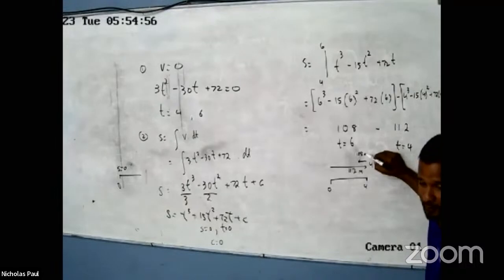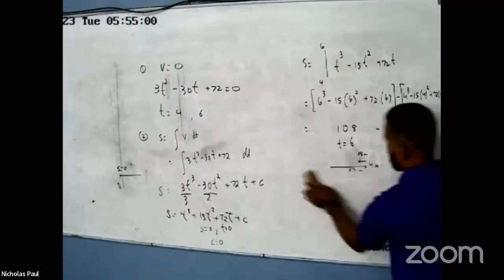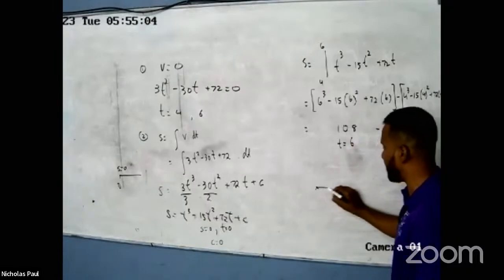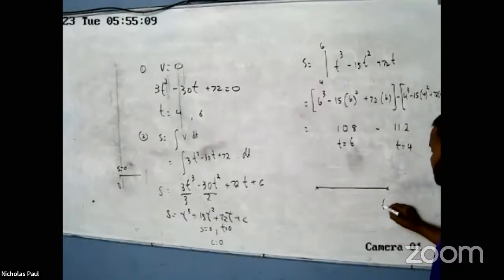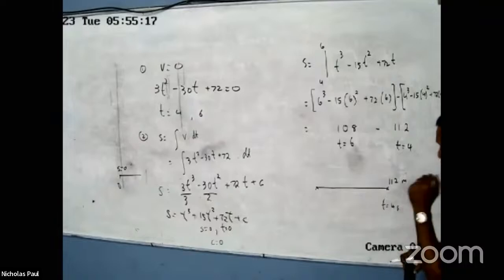Because you see, when the displacement is 112, you started here and you traveled in 4 seconds, you reached this point here. This is t is equal to 4 seconds, and the displacement is 112. So after 4 seconds, you traveled 112 meters and it came to rest.